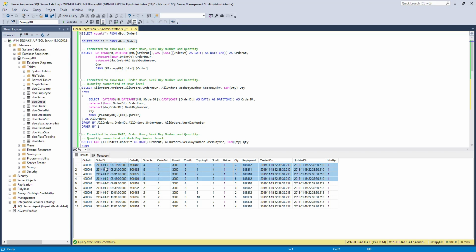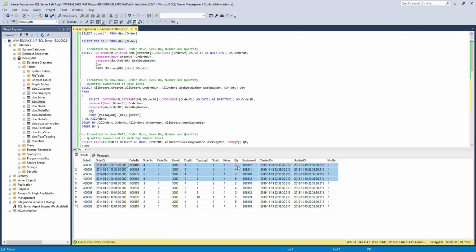So if I highlight all the records on that date, like 2014 January 1st, you can see that from 8 a.m. till 9 a.m. there were actually 4 orders, and each order has its own quantity.